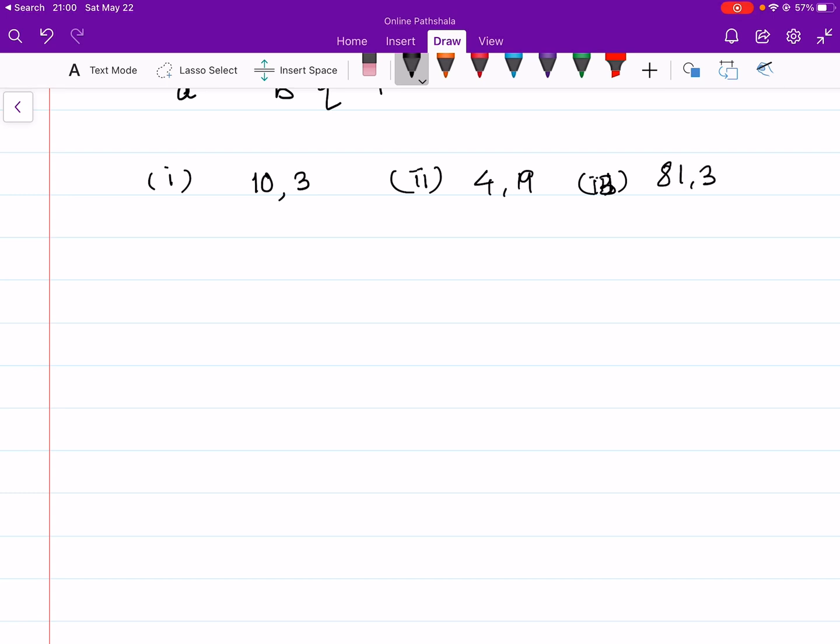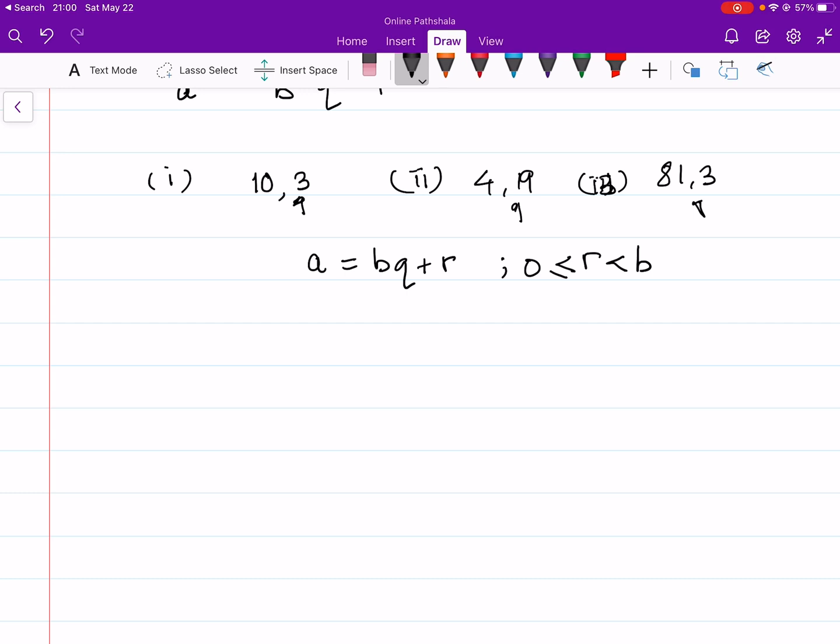So why don't you pause the video and try representing these numbers in the form of a equals bq plus r. What you need to remember is that the number r that you get must be greater than or equal to 0, but it has to be smaller than b. So b is the second number here. Okay, so pause the video and have a look at this.